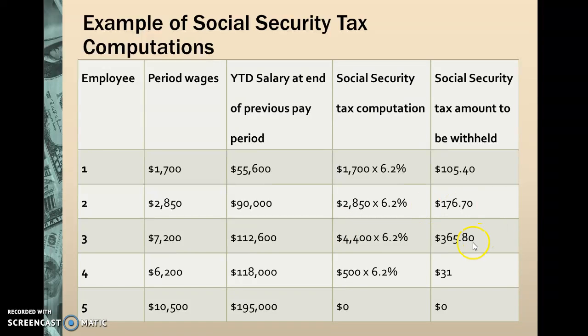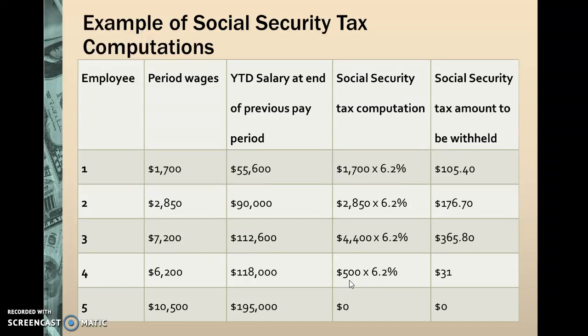So the amount of Social Security withheld is $365.80. Employee number 4, as you notice, the year-to-date salary is $118,000. Remember, the threshold is $118,500. So only $500 of the employee's wages will be taxed at 6.2%, in the amount of $31.